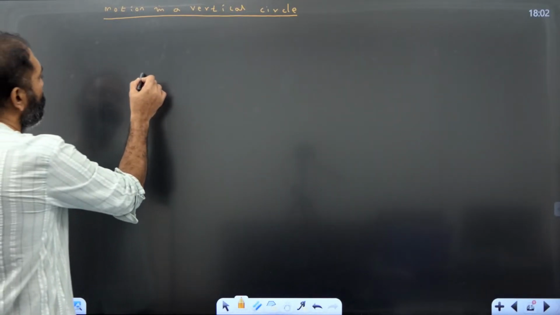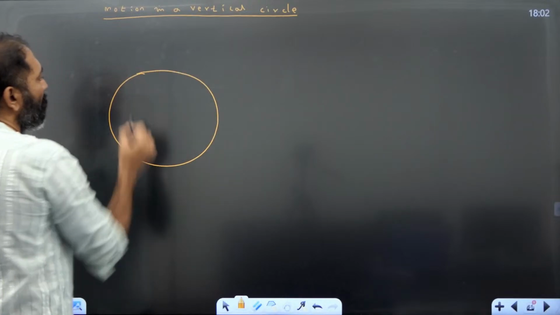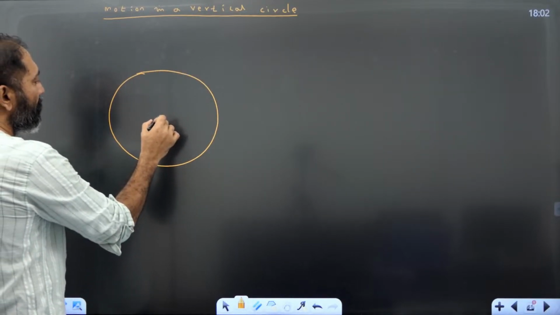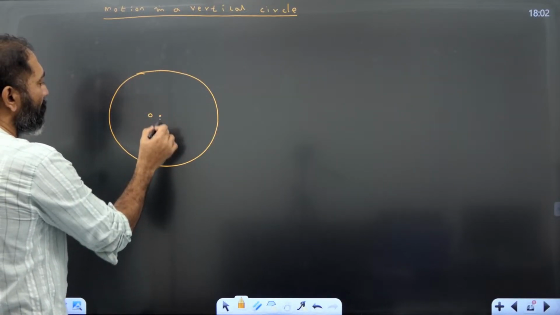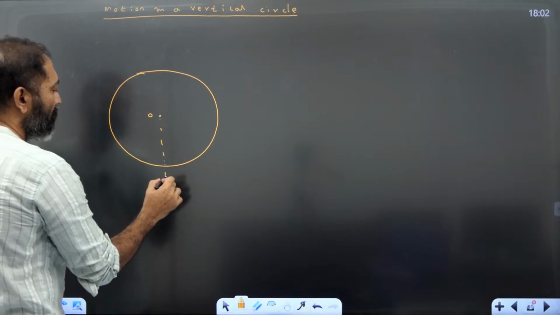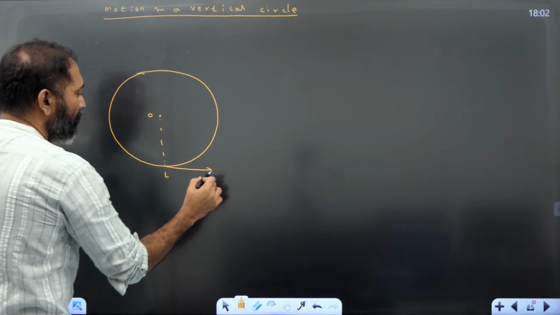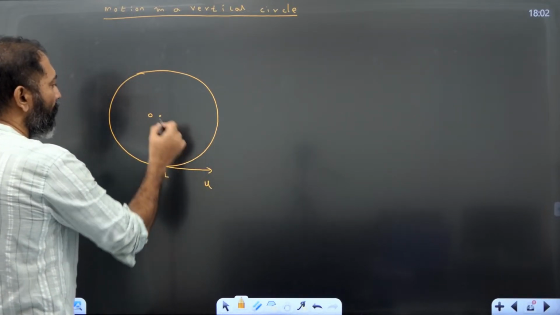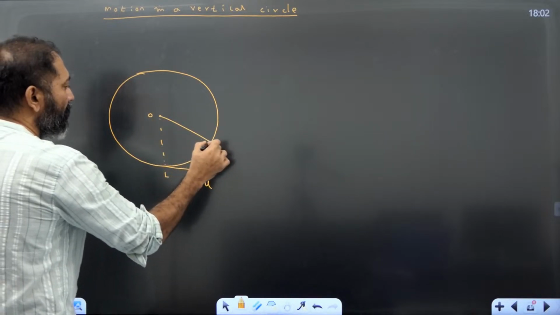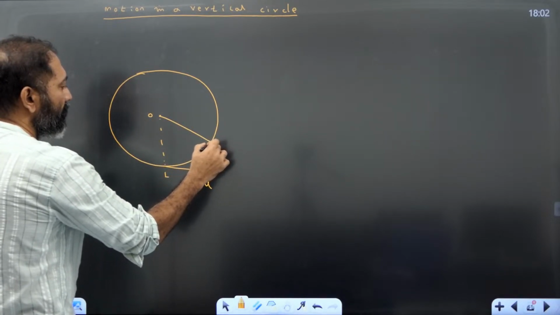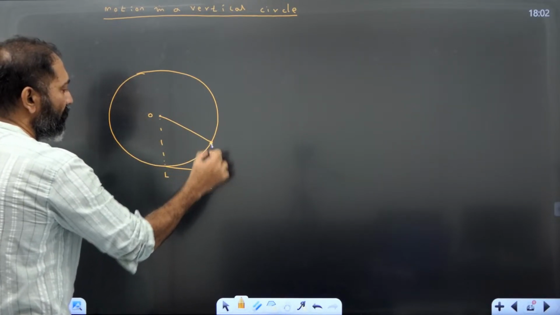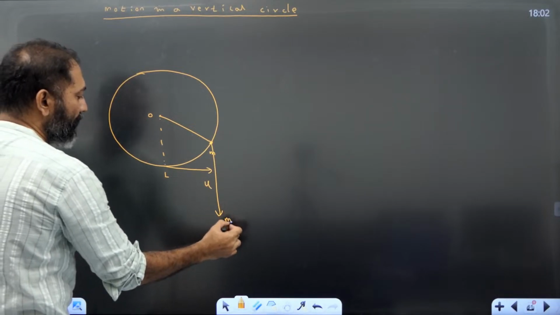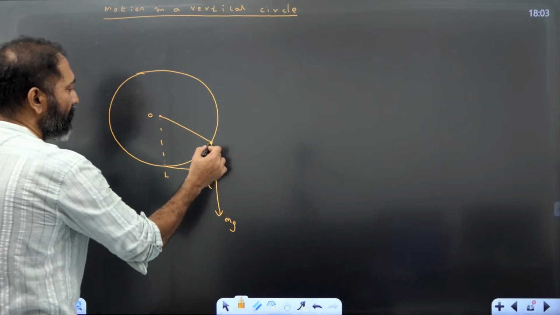See, a body oscillating in a vertical circle. This is the center point O. This is the lowermost point. Initial velocity U. A string attached to a mass small letter m. So its weight mg acting vertically downward.